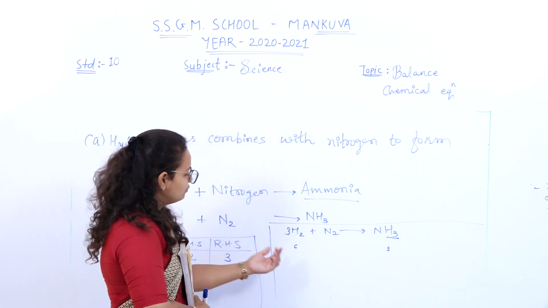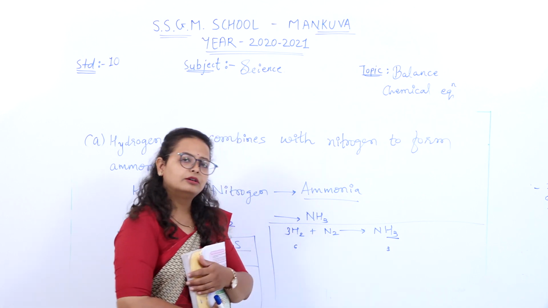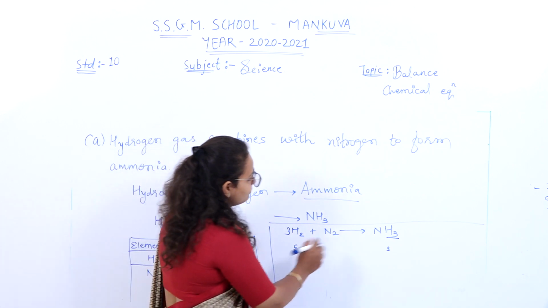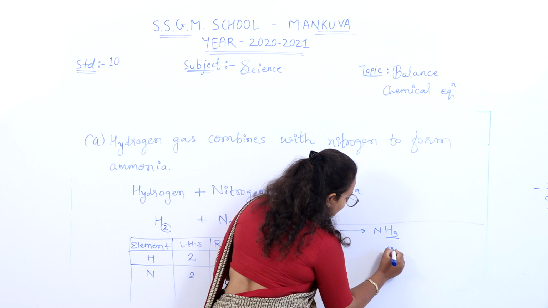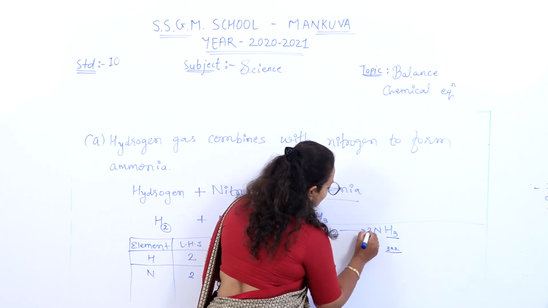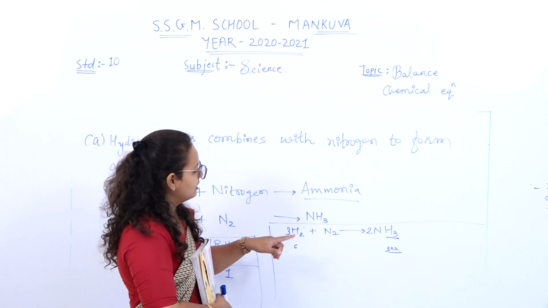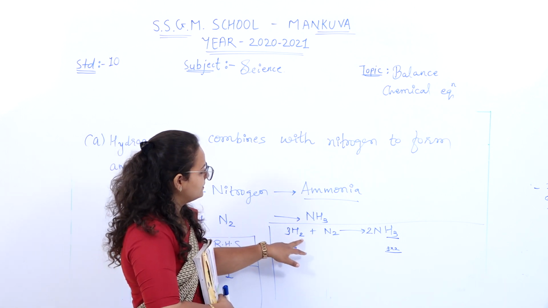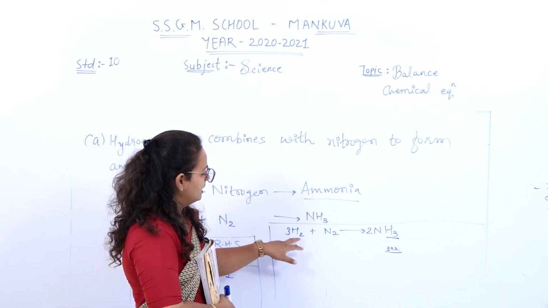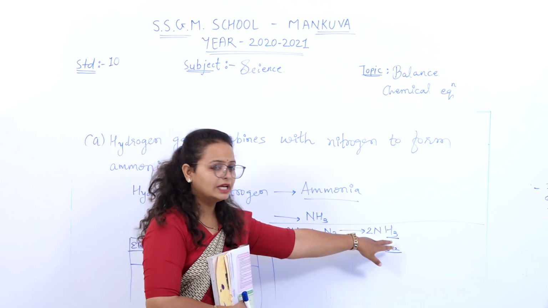Now, if I want to balance this 6 and 3, what will I do? I will multiply this by 2. So, 2. And remember one more thing, you cannot write any number as a suffix.